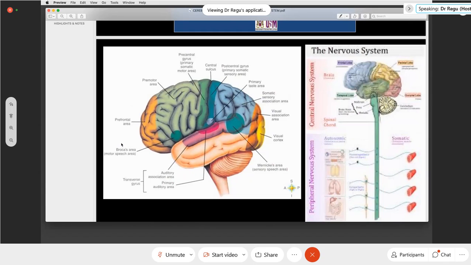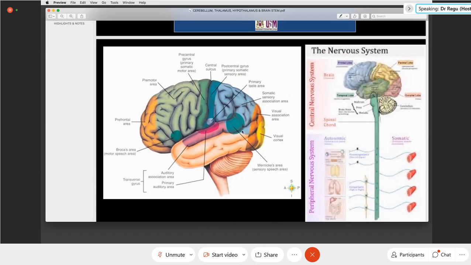The cerebrum is divided into frontal, parietal, occipital, and temporal lobes, which each have specific functions. The frontal lobe is involved in motor function. The motor cortex is located in the frontal lobe. And you have your supplementary and premotor areas, which are involved in planning, coordination, and integration of this motor function.